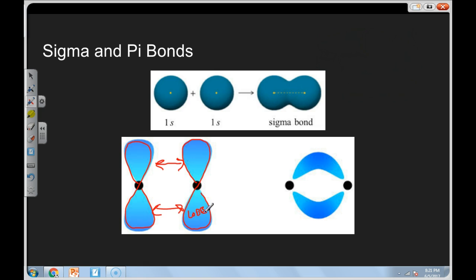Each of these lobes overlap, and this p bends this way, and this p bends this way. You end up with this funny shape that almost looks like Baymax from that movie. This is how p orbitals overlap, and when p orbitals overlap, you end up with a pi bond.